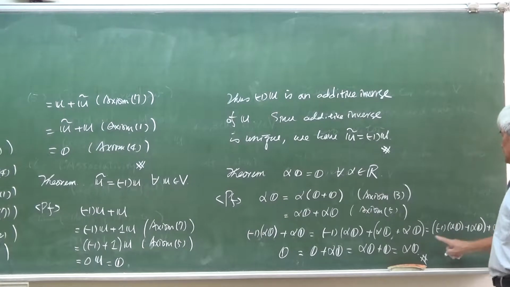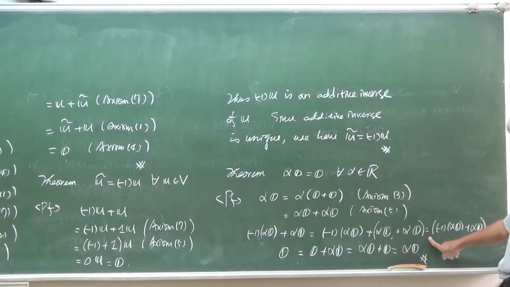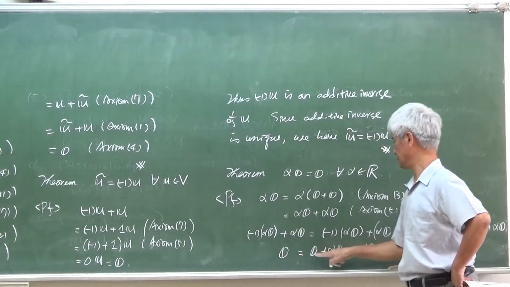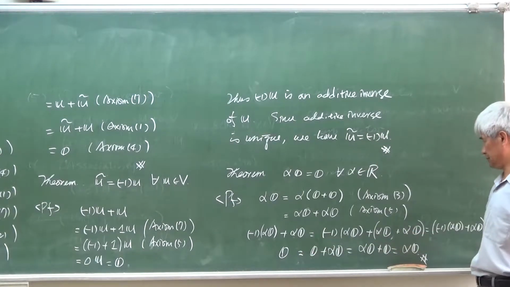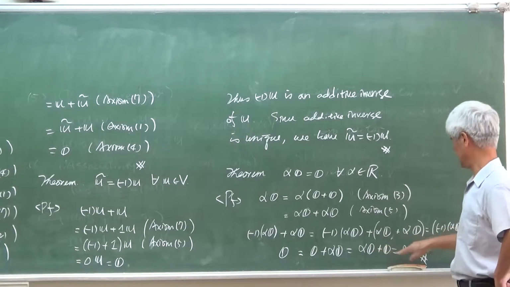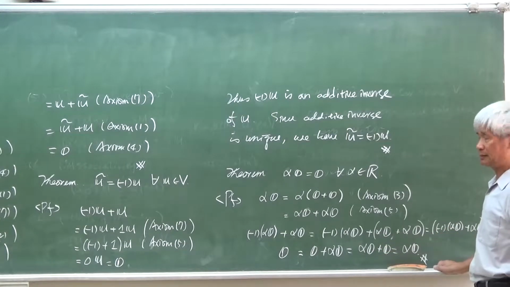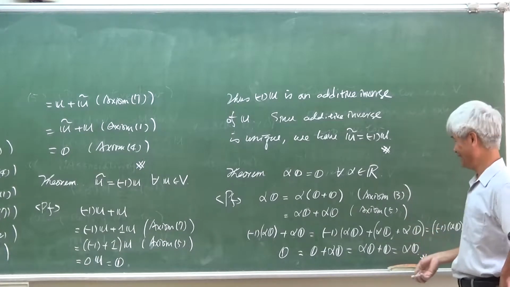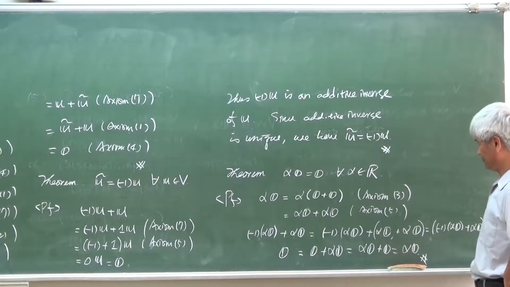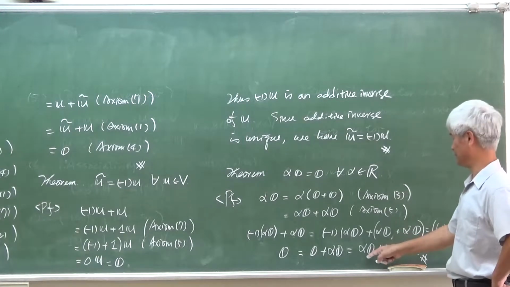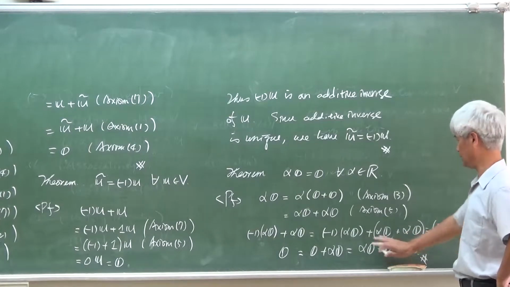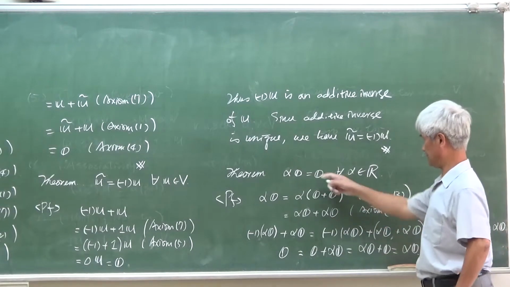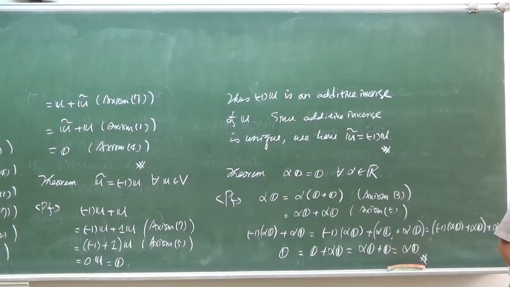This is 0, and this is 0. Here alpha 0, and we change the order. But if you implicitly apply the associativity, then you can just write alpha 0 here. So this is quite obvious that we have that.